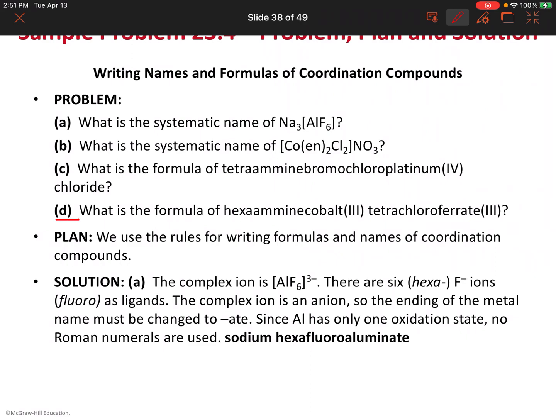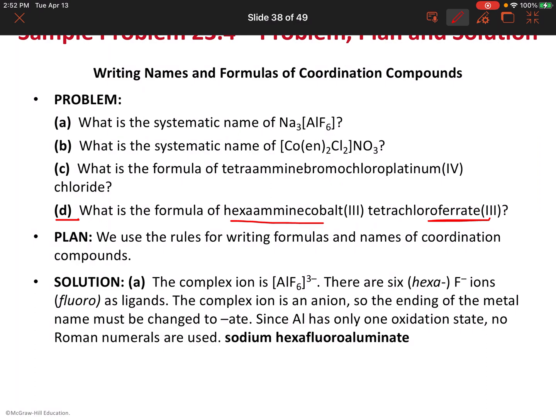What is the formula of hexaamine cobalt 3 tetrachloroferrate? Now this one is ferrate ending in ate, so that means it has a complex anion. Also we have hexaamine cobalt 3 as our cation. It also has a complex cation, hexaamine cobalt 3.